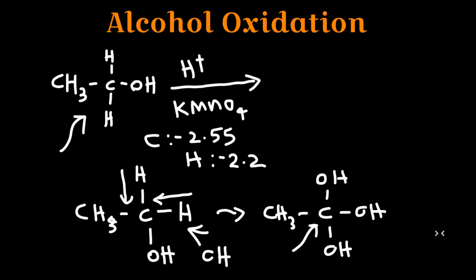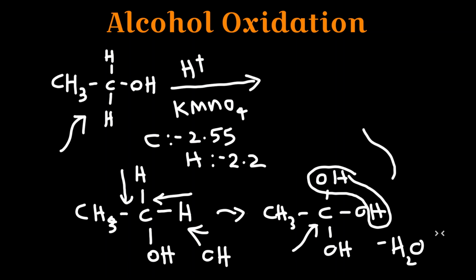So we have to remove one H2O molecule like this. After removing one H2O molecule, we get our final product like this. This is a carboxylic acid, known as acetic acid.